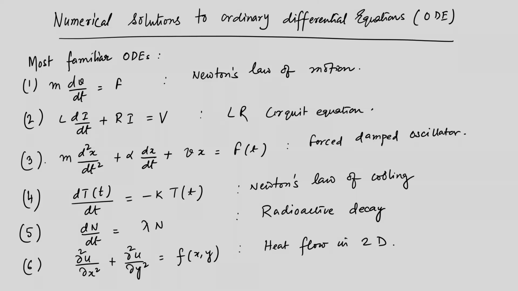So, these are the differential equations that we come across on a regular basis in various branches of science and engineering, and we resort to numerical methods because most of the time the analytic methods are not available for each of these equations. For example, we come across the quantum harmonic oscillator.